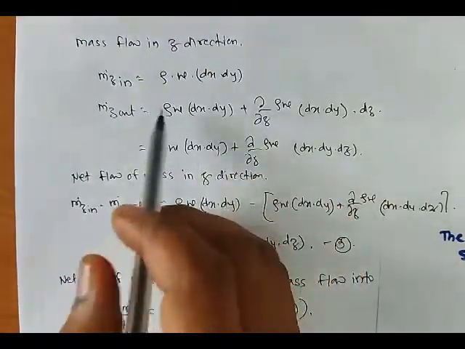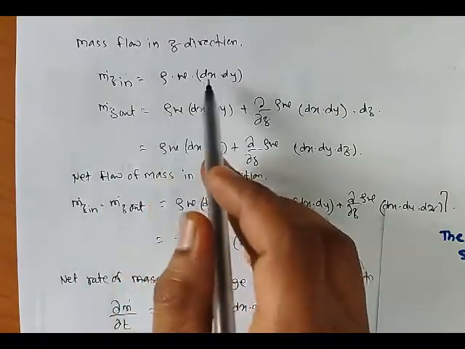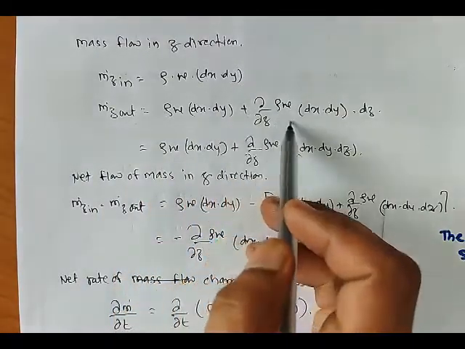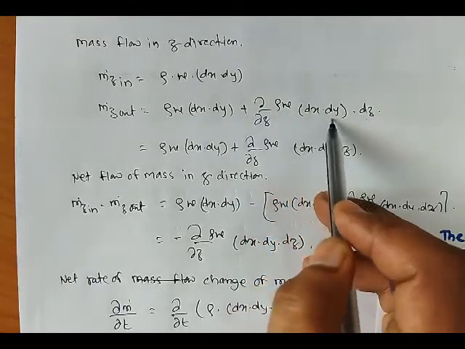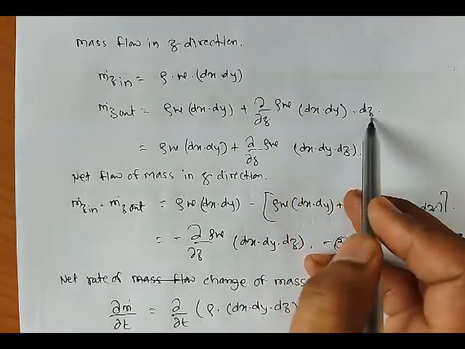By using Taylor series expansion, m dot z out is equal to the initial mass plus the change in mass with respect to distance dz. So del by del z of rho w dx dy multiplied with dz.